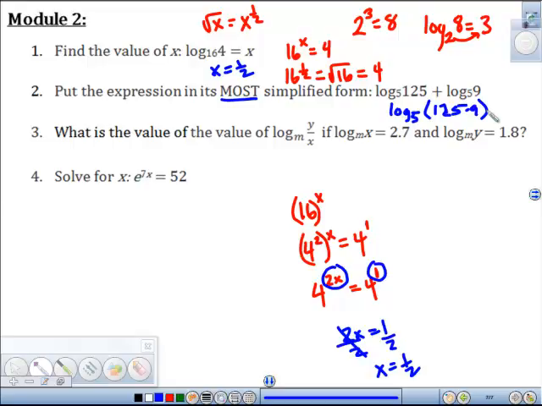It's not in its most simplified form, so I would just take the 125 and multiply it times 9, so 1125. So log base 5 of 1125. All right, so that's that in simplest form.